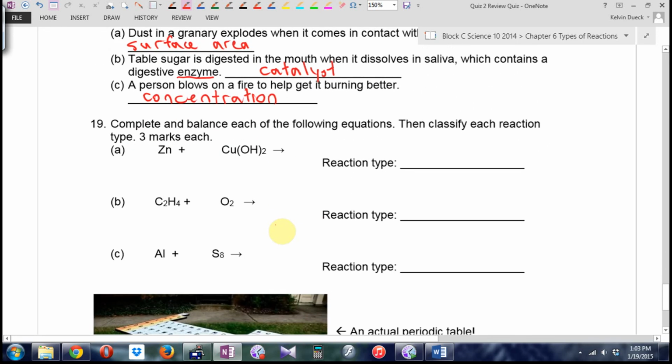Complete and balance the following, then classify. So 1 mark for the classification, 1 mark for predicting the product, and 1 mark for the balancing, just like the tail end of the quiz. Reaction type, by the way: this is single replacement. This is combustion. This is synthesis.